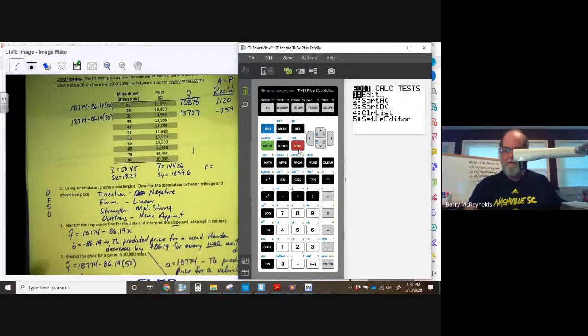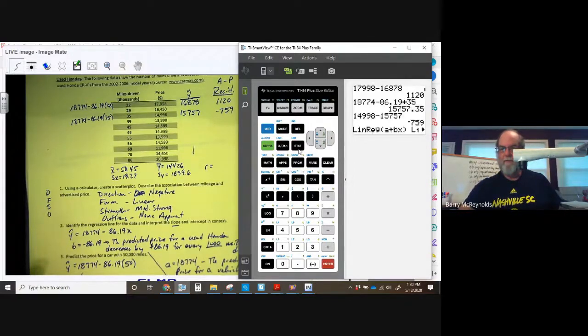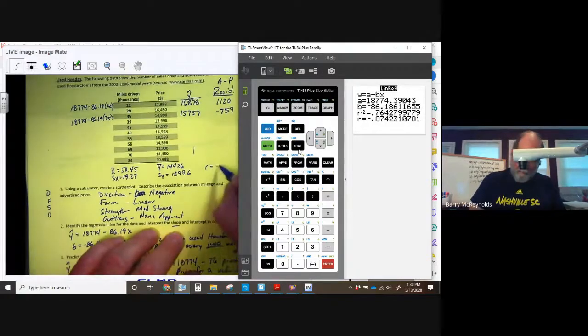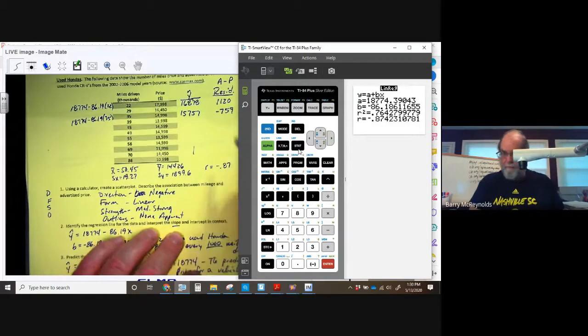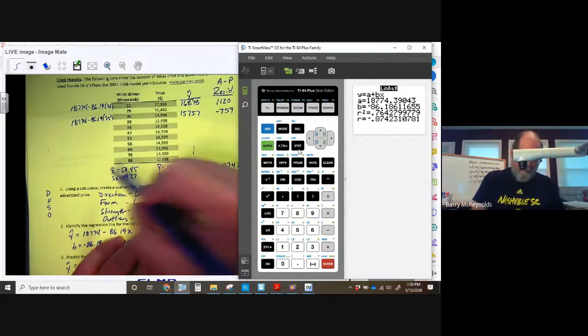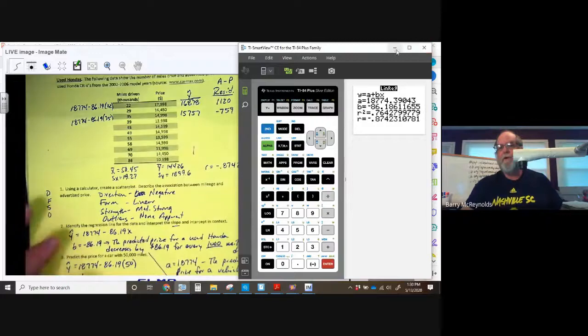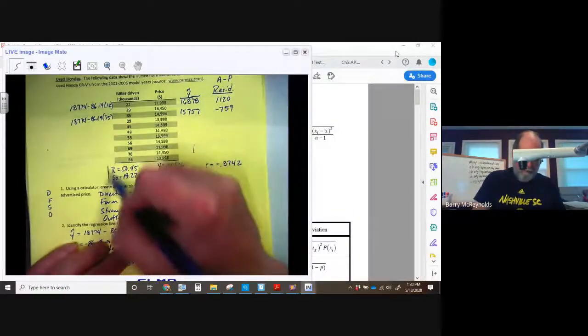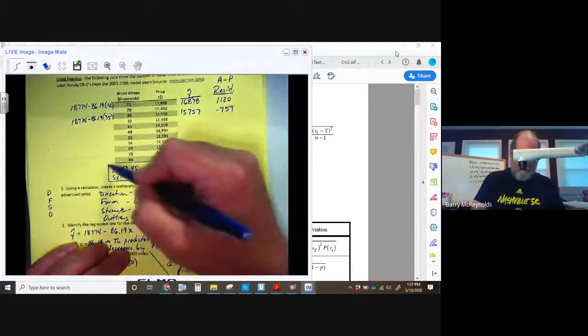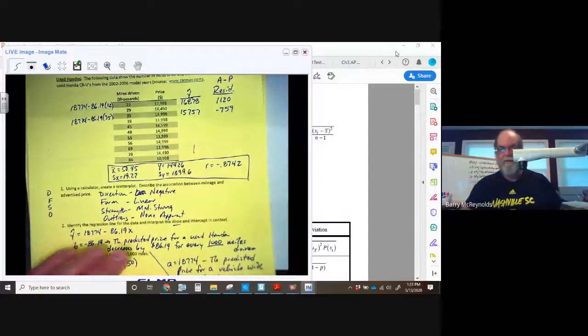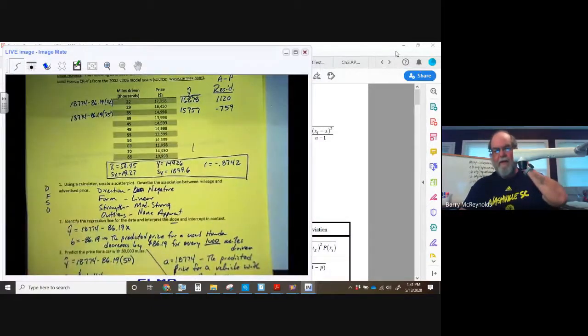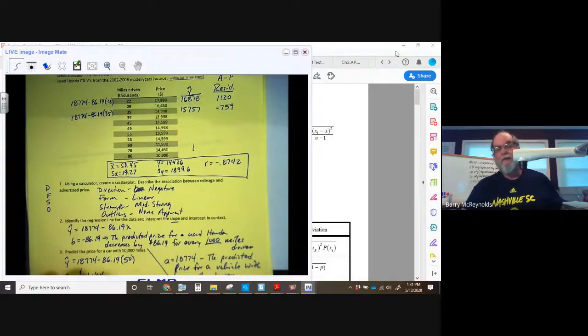Shame on me. I calculated it. R was equal to negative 0.8742. Okay, so I can kind of envision you being given this data right here in a box and told that it is computer generated data, and you're asked to calculate the regression line.